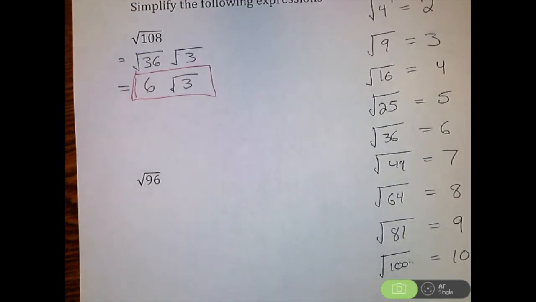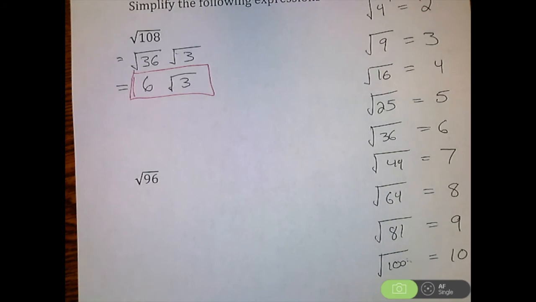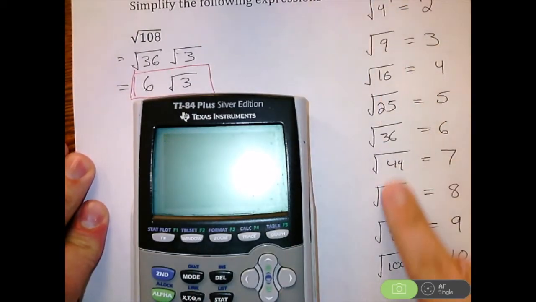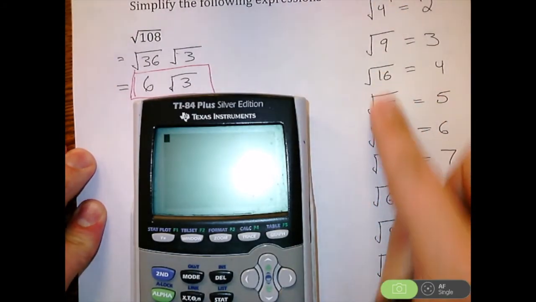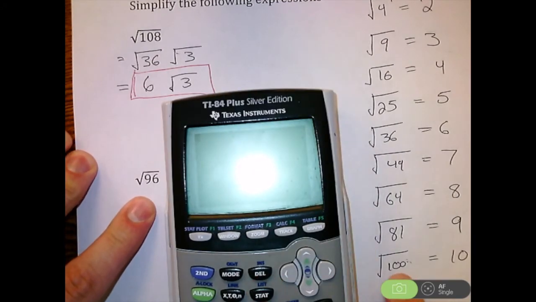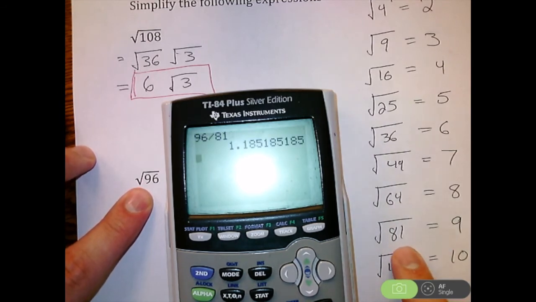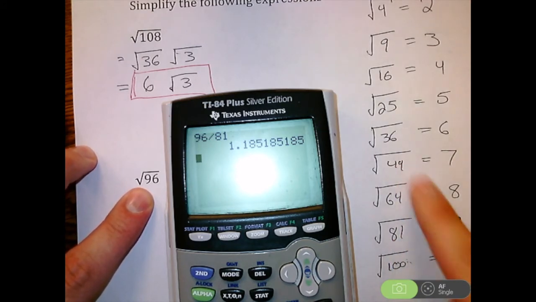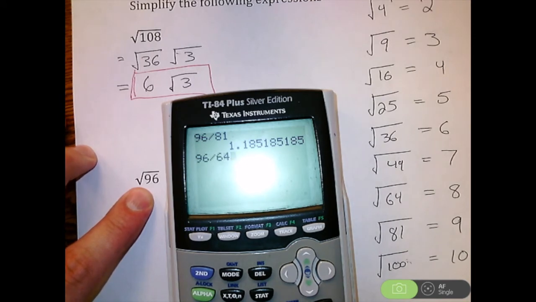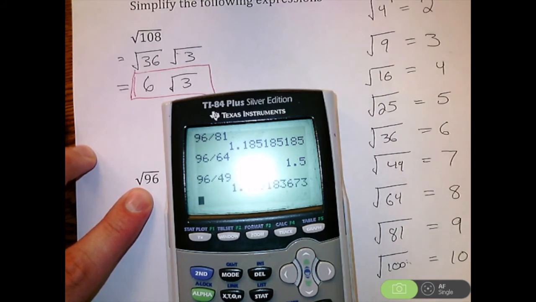So I'm going to do one more example here, the square root of 96. What you would want to do is go through this list, start with the large numbers, and work your way down. If it's 96, I don't need to start with 100. 100 is bigger than 96, so I'm going to start with 81. 96 divided by 81 doesn't work. And something you'll notice is that the more problems you do, the more you'll know what numbers to skip because you just know they won't work. Like 96 divided by 64, I know it's not going to work, but I'm showing the theory. Maybe 49, I don't know. 96 divided by 49.